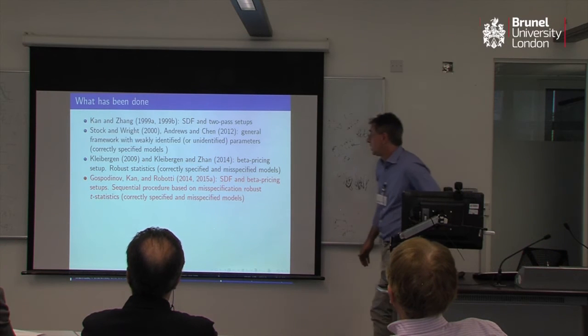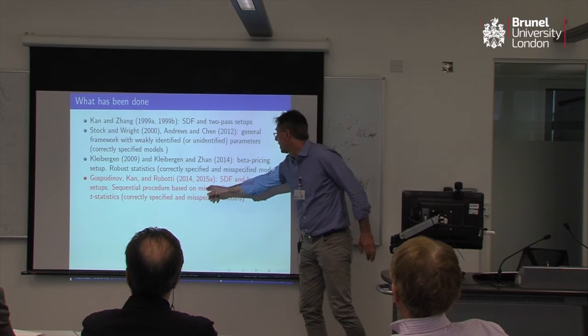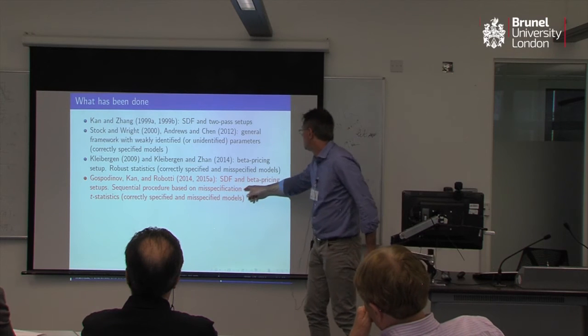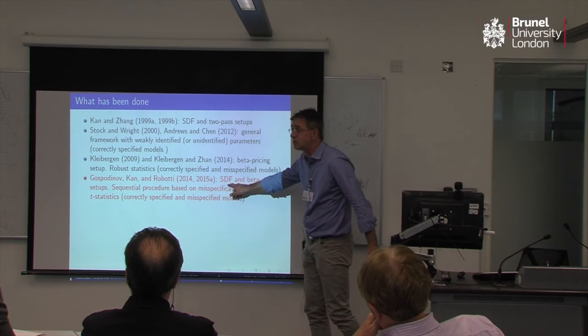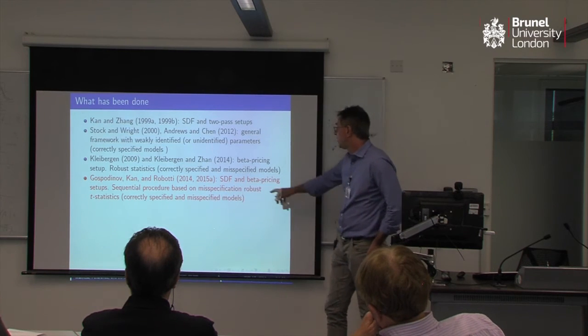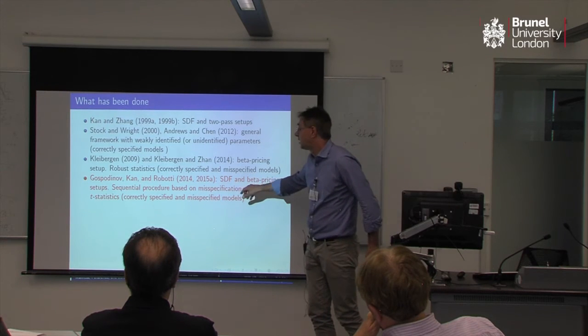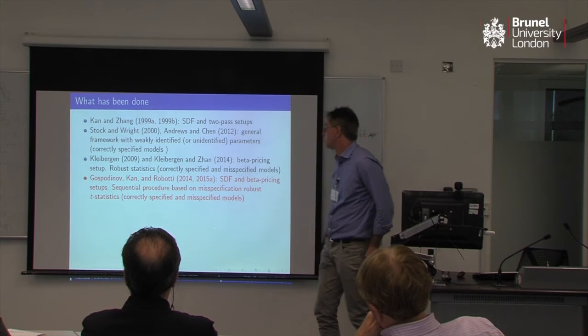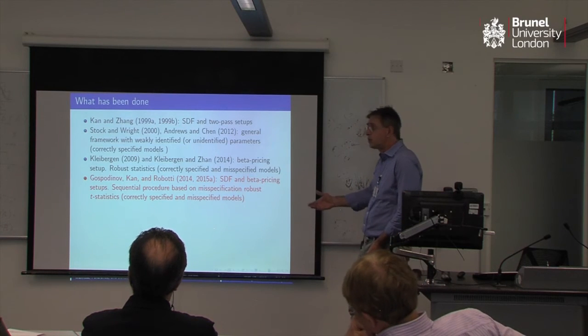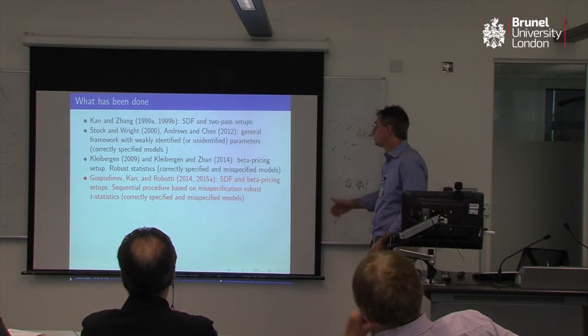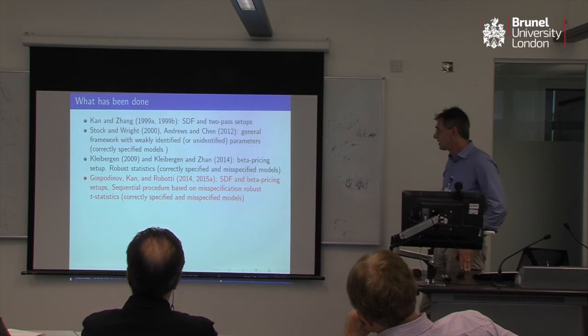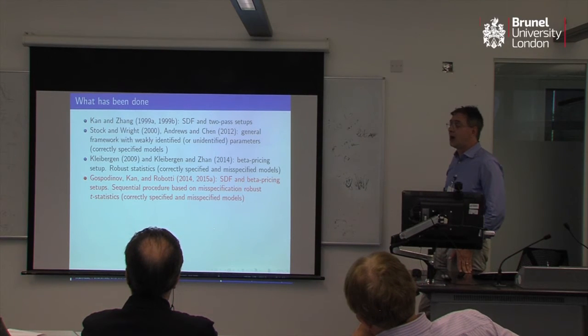Two papers with Nikolay Gospodinov and Raymond Kan, 2014, where I look at the SDF Hansen-Jagannathan distance type estimators. And then I have a paper now on the CU-GMM estimator, and we look at the SDF and beta pricing setups. We propose in both papers a sequential procedure, which is based on misspecification robust standard errors to restore standard inference.